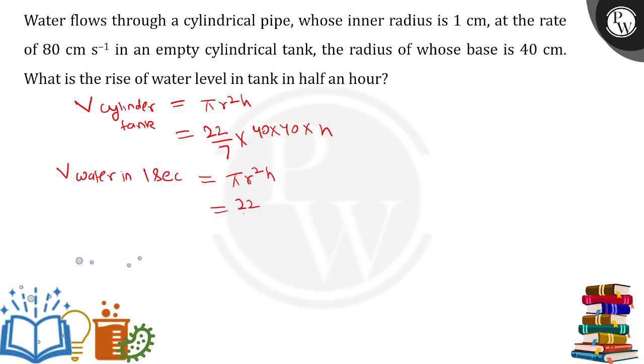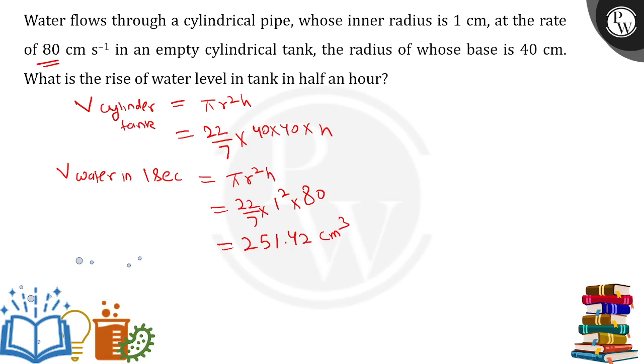So pi as usual is 22 by 7, r for that is given as 1, so 1 square, it doesn't matter. H I am taking to be 80 centimeter, since in a second 80 centimeter flow is there. So multiplied by 80, this will come out to be 251.42 centimeter cube. This is per second.